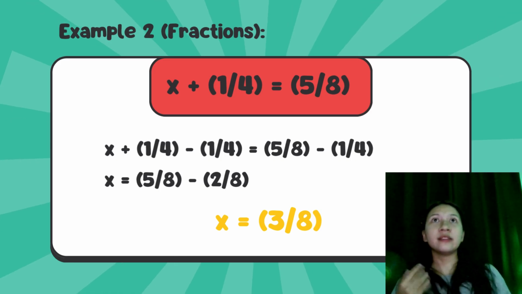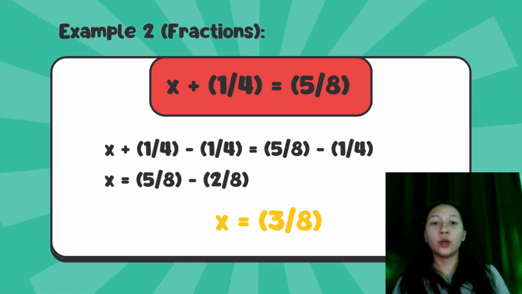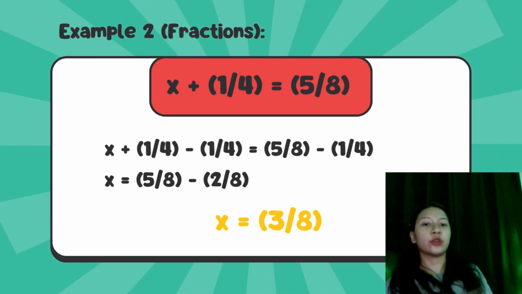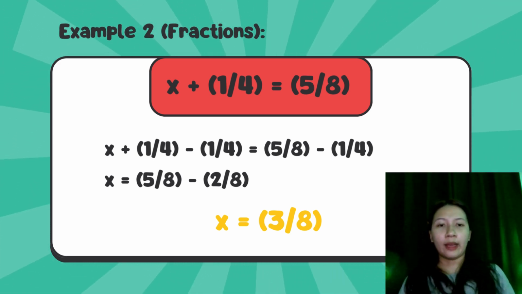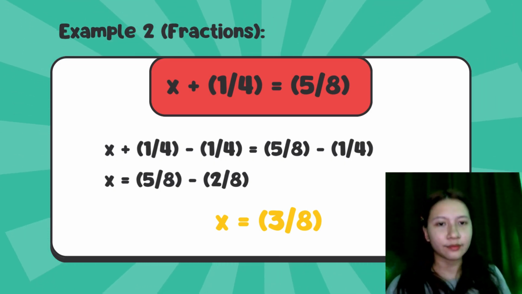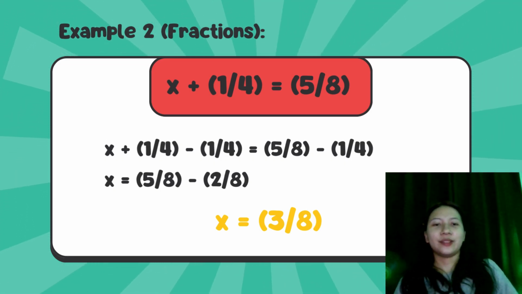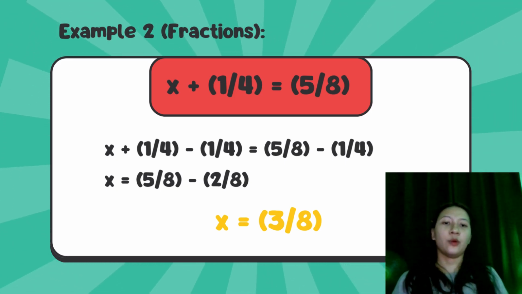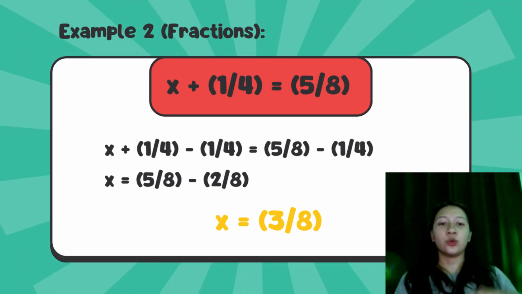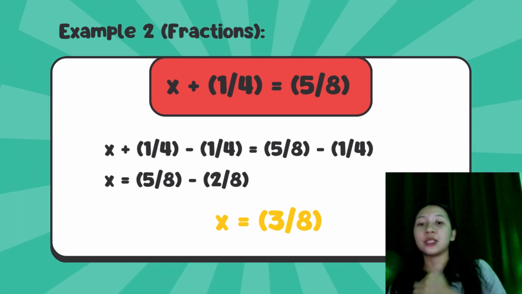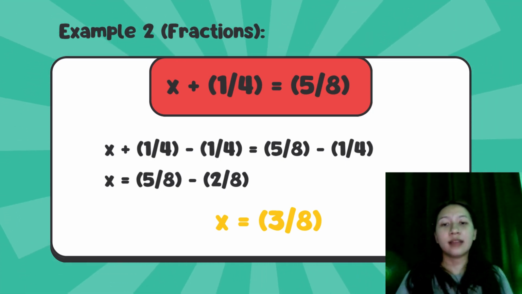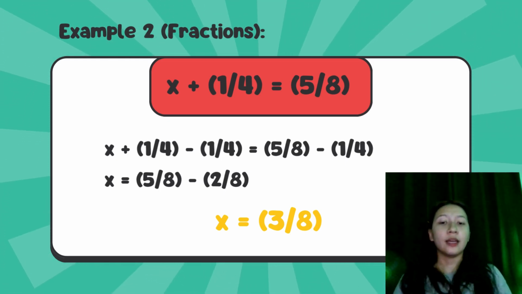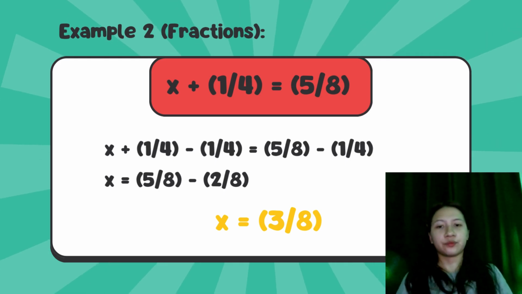To do this easily, we change 1/4 into 2/8 because we multiply it by 2, so we have the same size pieces. So what we have here is x plus 1/4 minus 1/4 equals 5/8 minus 2/8.